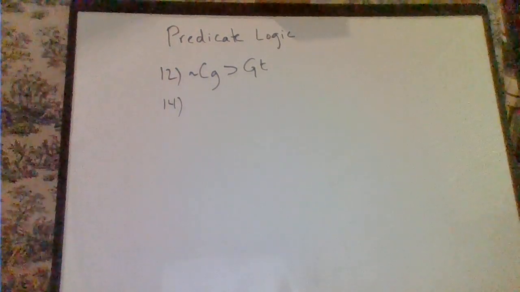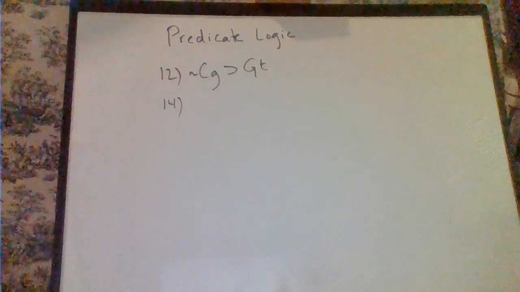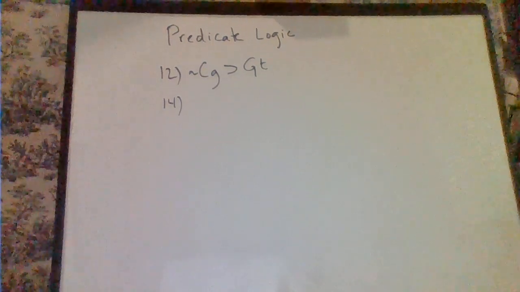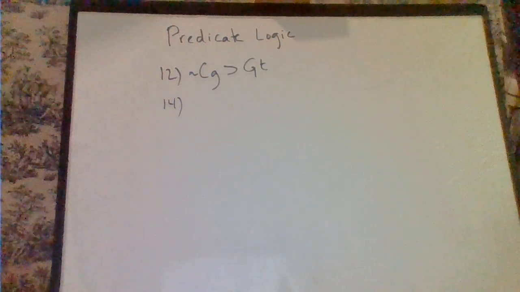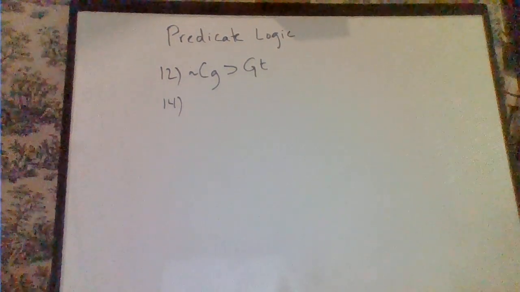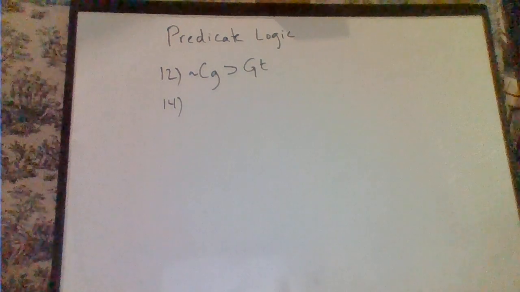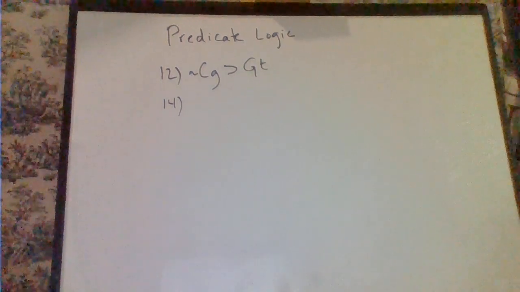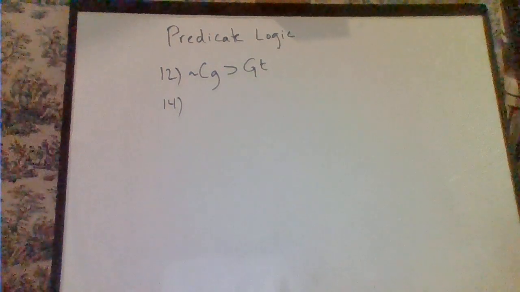14. Anything that leads to violence is wrong. Okay, so if you remember back when we dealt with categorical logic, we talked about those non-standard quantifiers. This is basically a categorical statement. What this is really saying is all things that lead to violence are wrong.